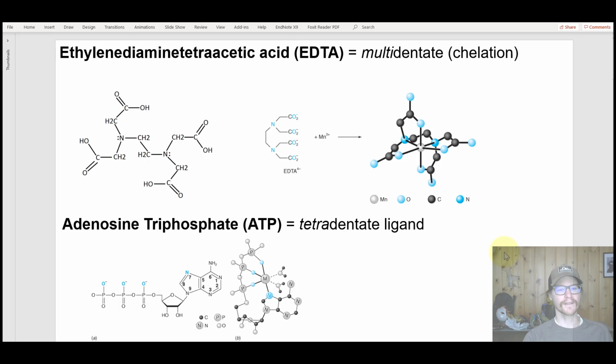In this case, EDTA is one example of a multidentate ligand, dentate coming from the Latin root for teeth. These ligands essentially surround a metal ion, like manganese 3 in this case.